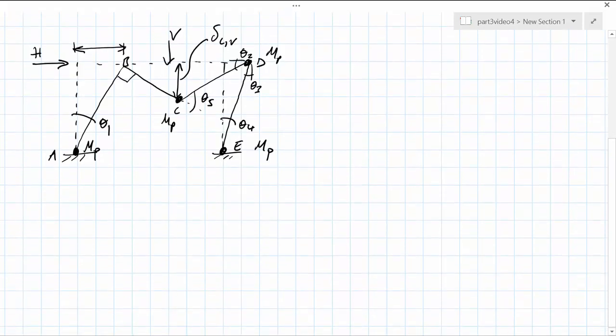In terms of the externally applied loads, the external work done by these loads is given by the magnitude of the loading times its corresponding displacement.